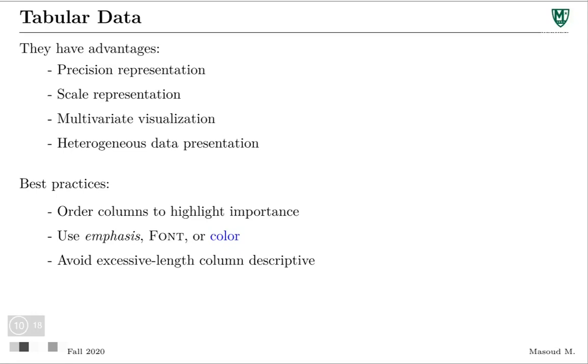Then try to put the most important columns at the beginning, when you start from the left and go to right. So the order should somehow represent the importance. You can't put a specific column that is very important and helps you tell your story or communicate what you want to say as the 10th column in a table.